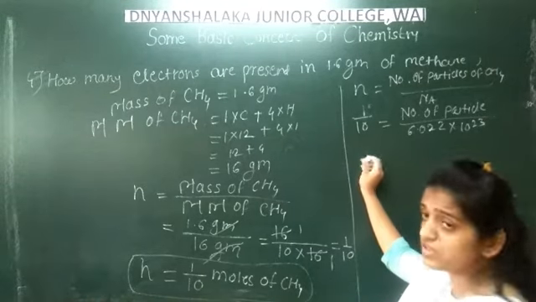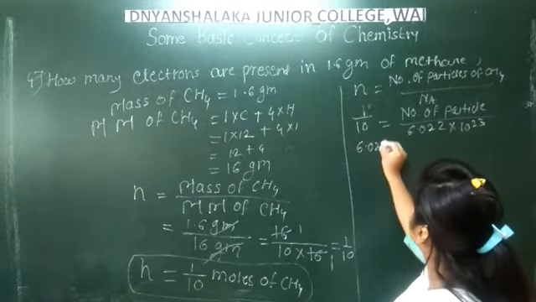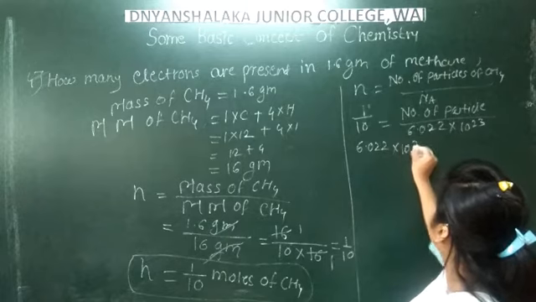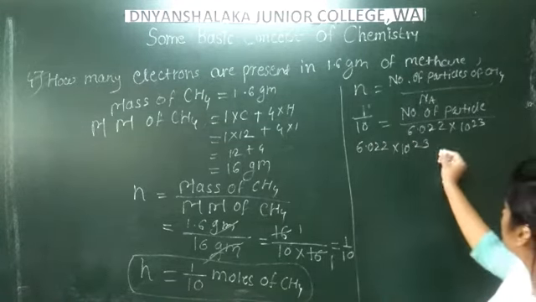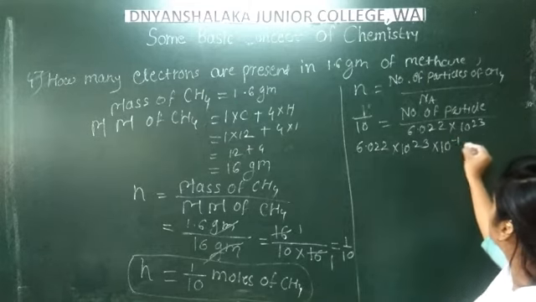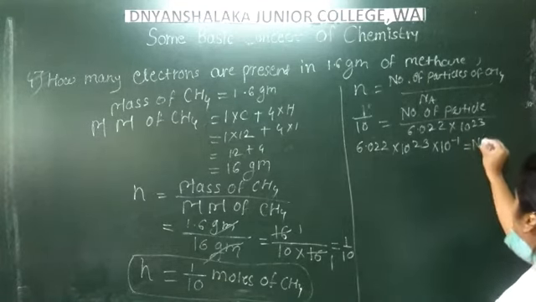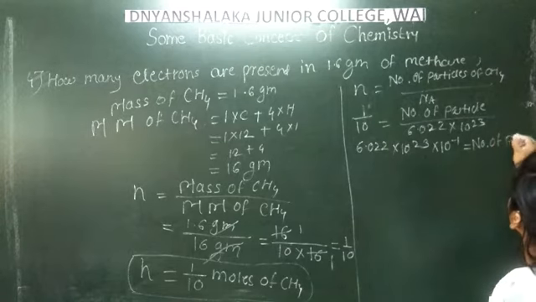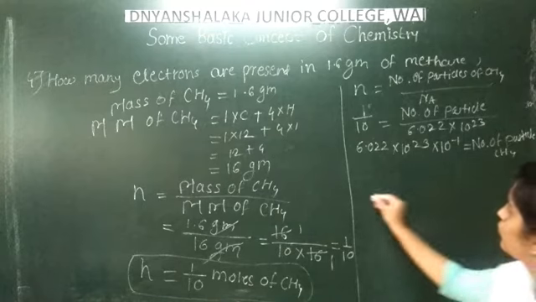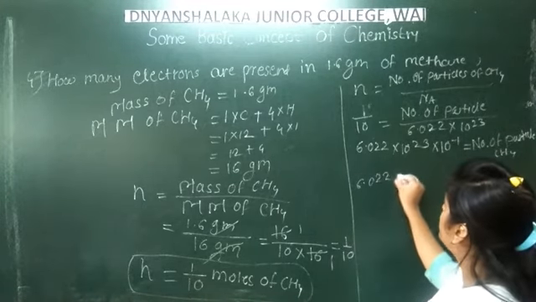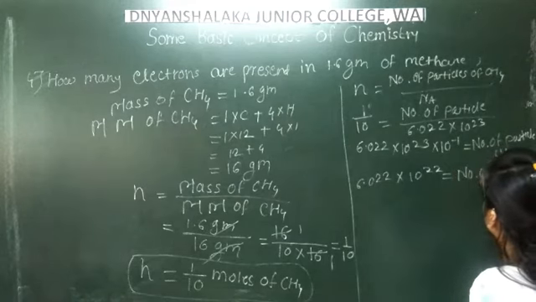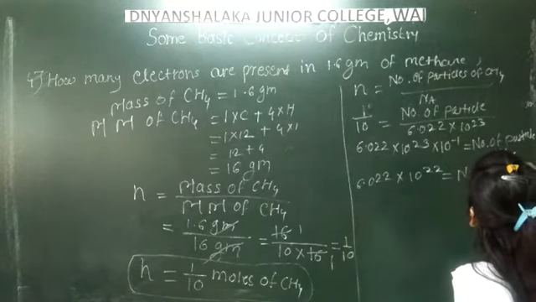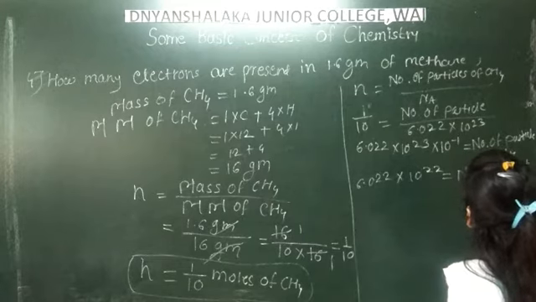On rearranging this equation, 10 raised to 1 in the denominator becomes 10 raised to minus 1 in the numerator, so the number of particles of CH4 molecules is 6.022 into 10 raised to 22 molecules of CH4.